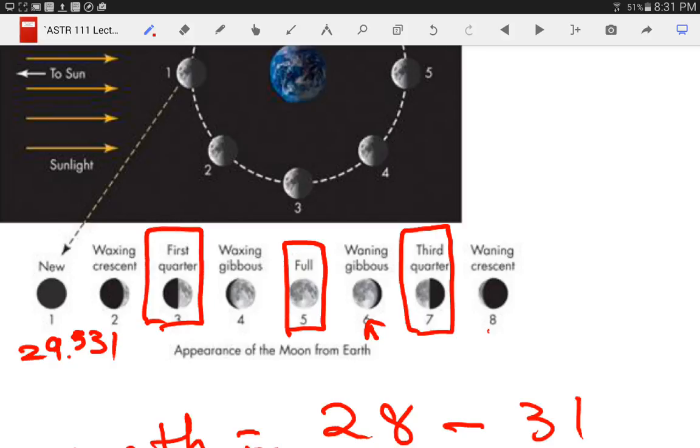So each one appears in the night sky for 7 days? Actually, from here to here is about 7. From here to here is about 7. From here to here is about 7. And then from here to starting over is about 7. So going in between these pictures is about 7 days. In essence, on average, there's one full moon a month.